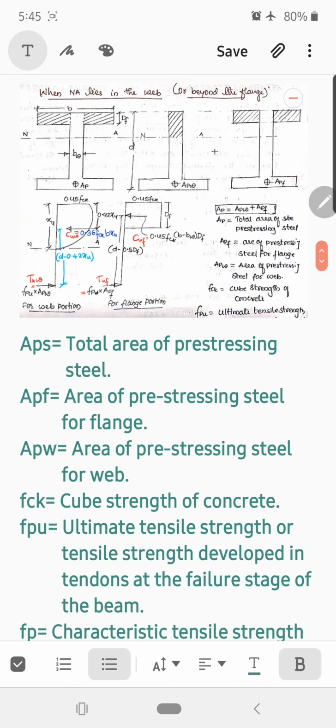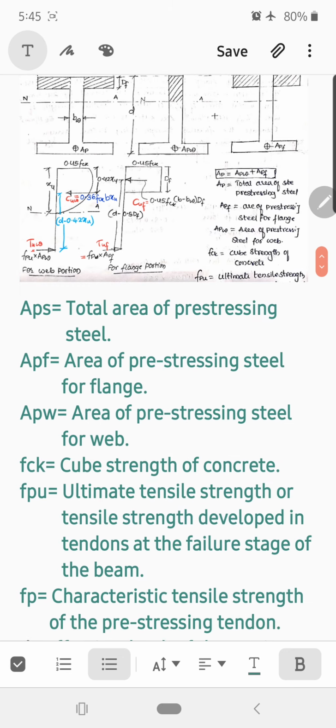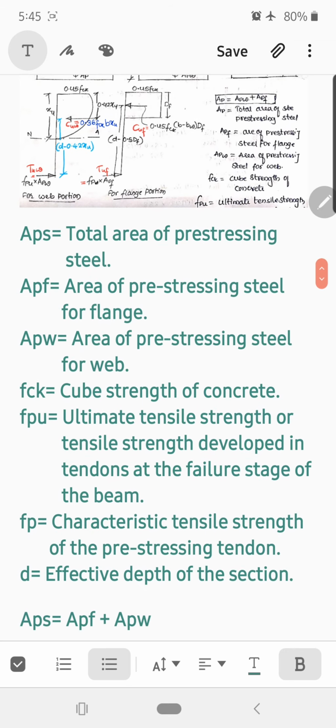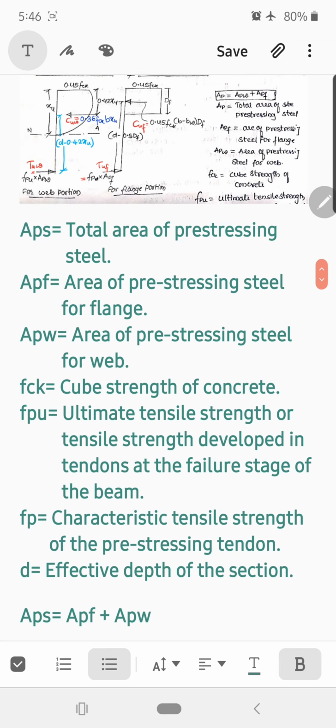Suppose APS is the total area of prestressing steel, which includes area of steel in flange and area of steel in web. So APF is the area of prestressing steel for flange and APW is the area of prestressing steel for web. Therefore APS is equal to APF plus APW.